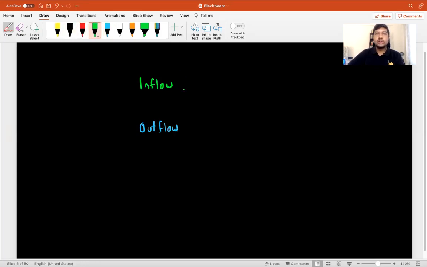So anything which is coming as an inflow, that number you'll put as a positive number. Anything which is going as an outflow, you have to put that number as a negative number. Okay. For example, suppose you have taken a loan. You have taken a personal loan.